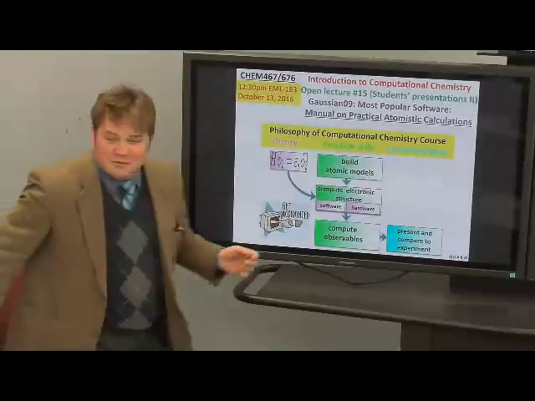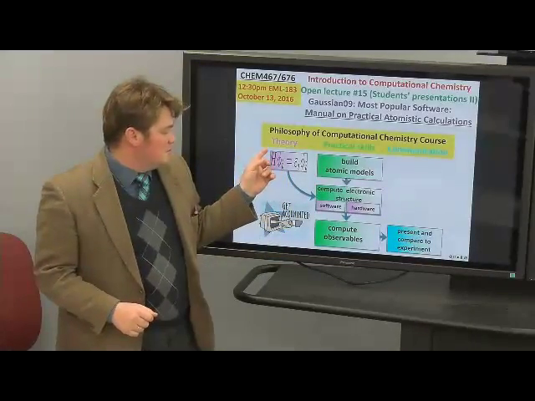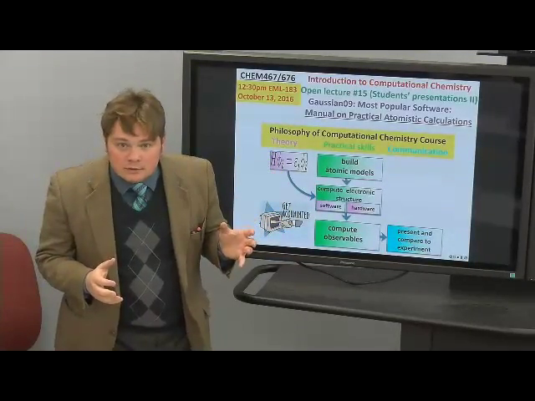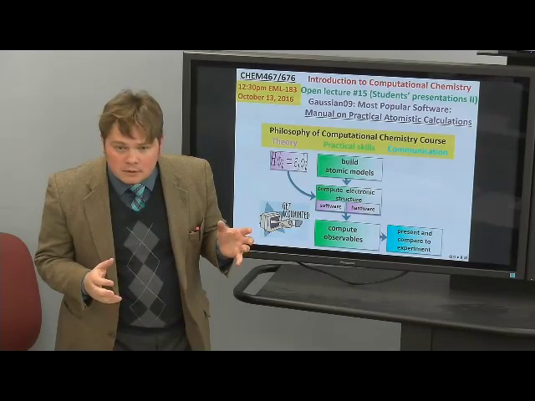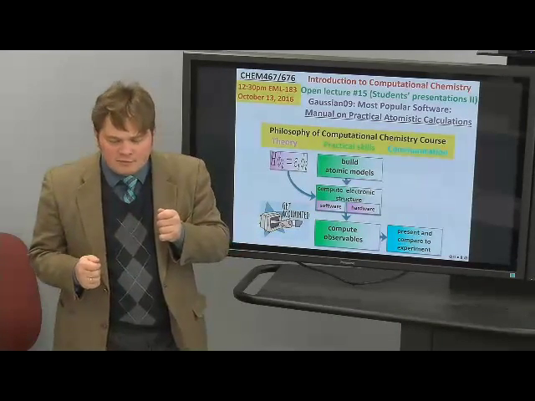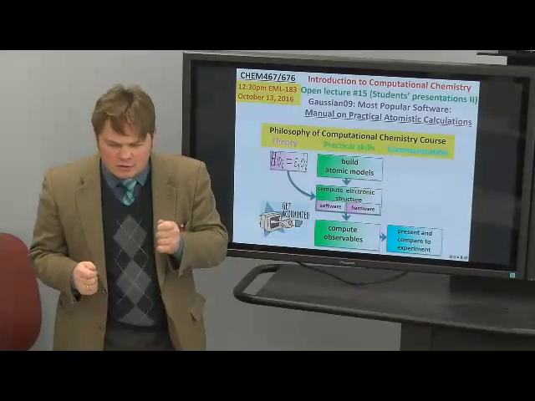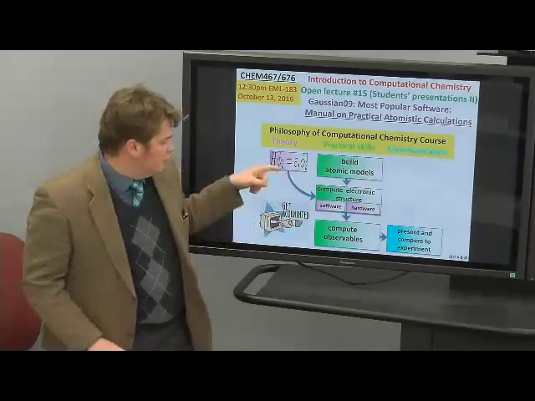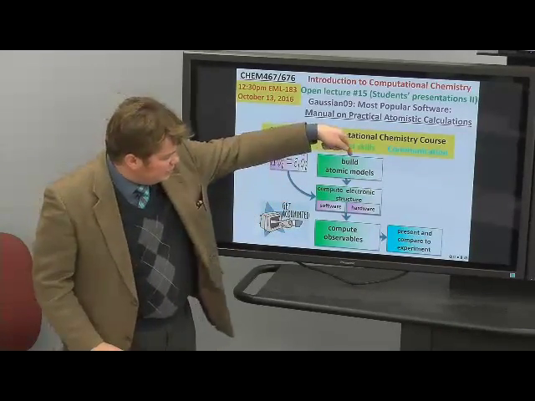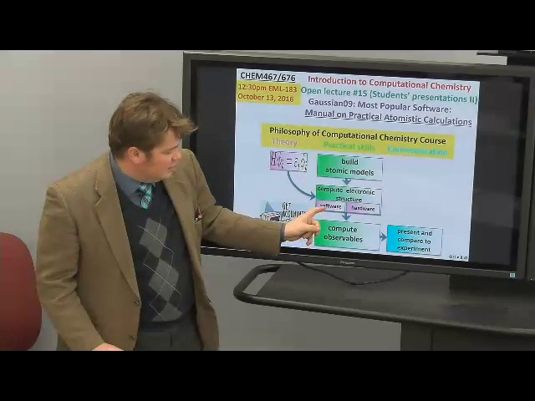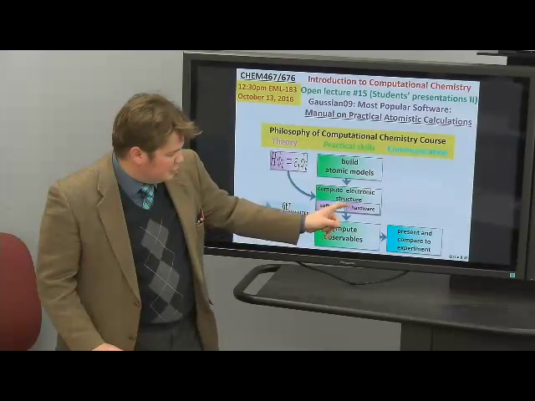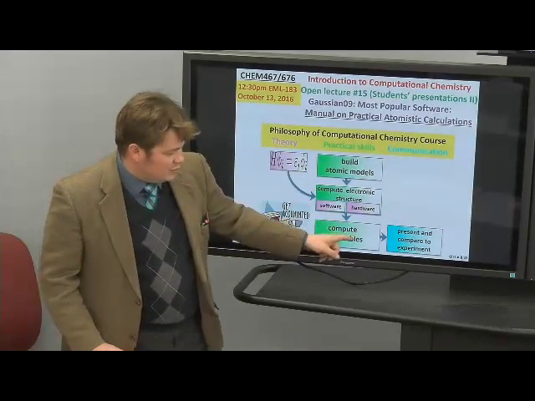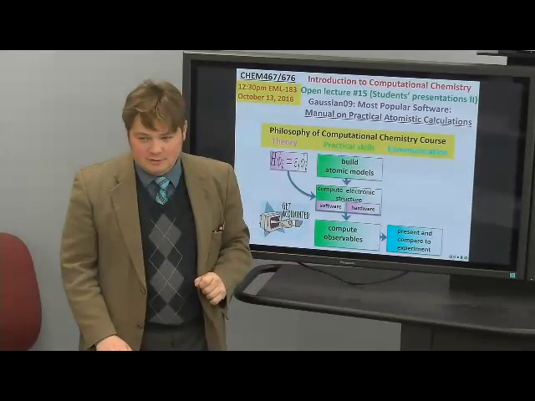So an overview of what the course does. The goal is to get practical skills for computational characterization of materials. One puts in theories, one puts in atomic models, and then by using the right software and the right hardware, one can compute observables and compare them to experiments.